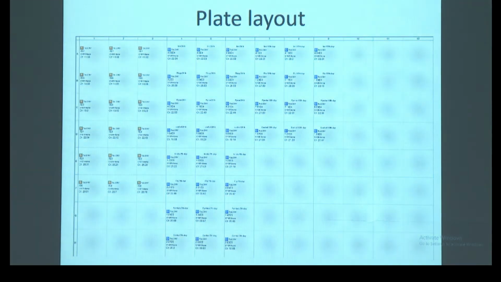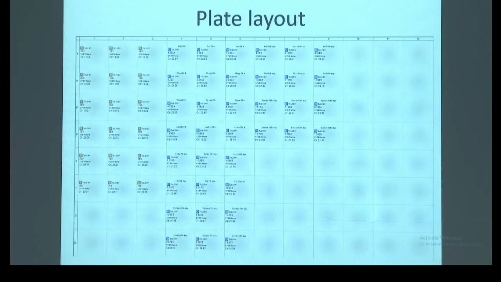अभी क्या किया आपने? You have isolated DNA because tomato leaf curl virus is a DNA virus. You need to isolate DNA. So from whitefly I will isolate the DNA to quantify the load of the virus, है ना? So this is my standard.